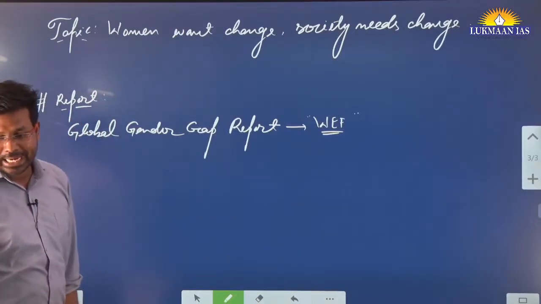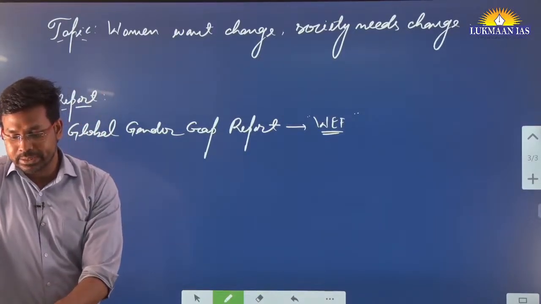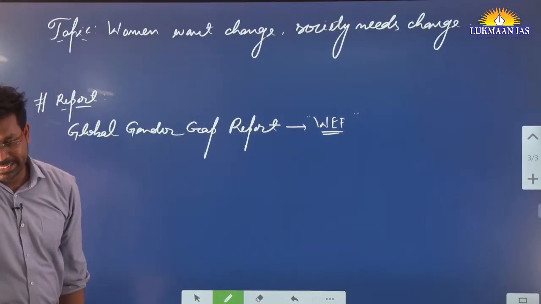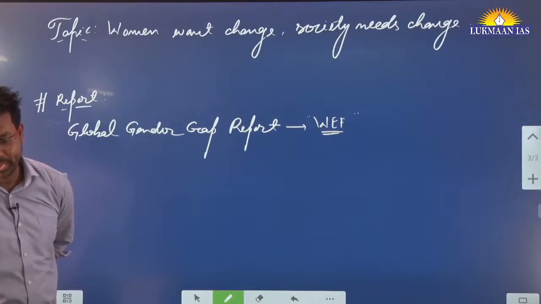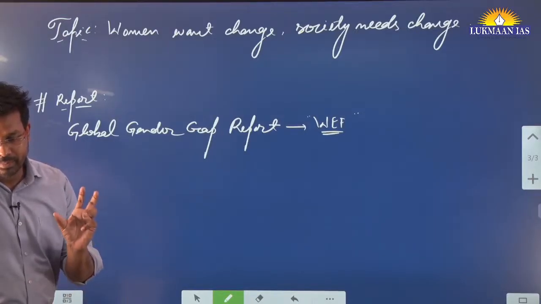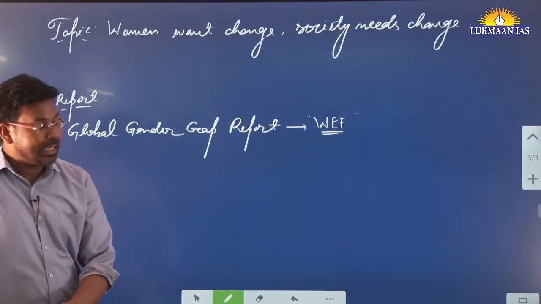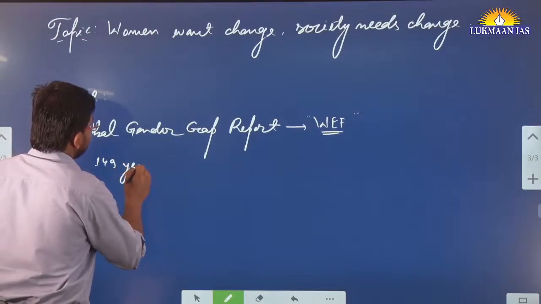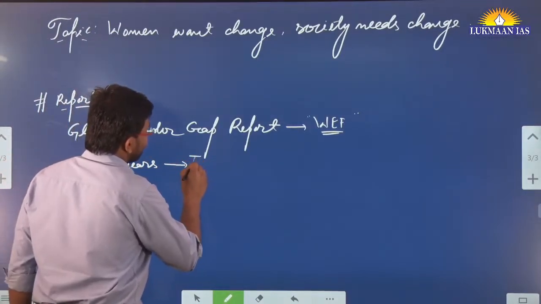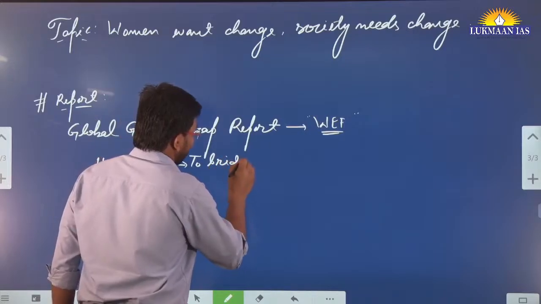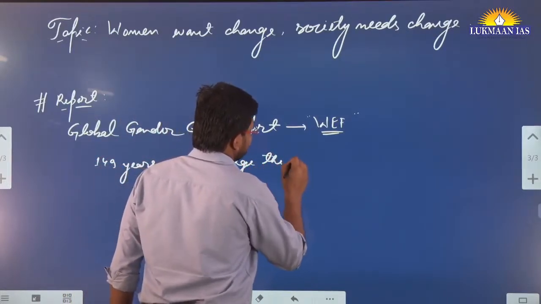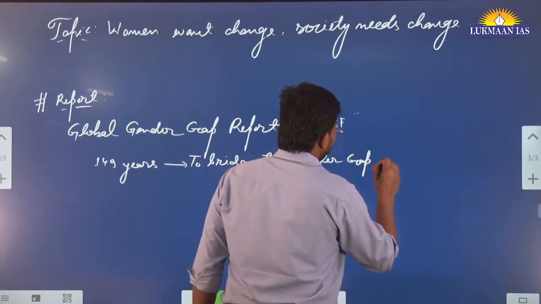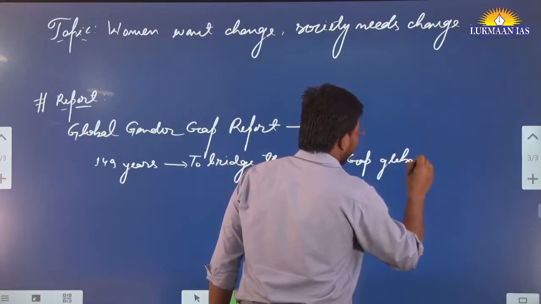The author has highlighted that according to this World Economic Forum data from 146 countries, it has concluded that at the current rate of progress, it will take around 149 years to bridge the gender gap globally.